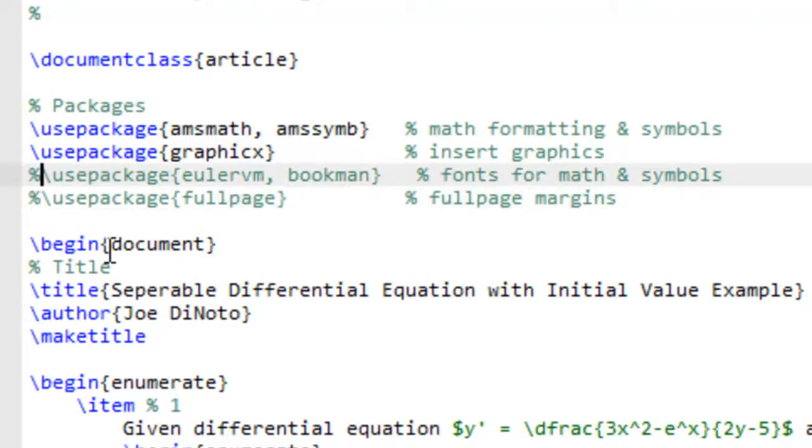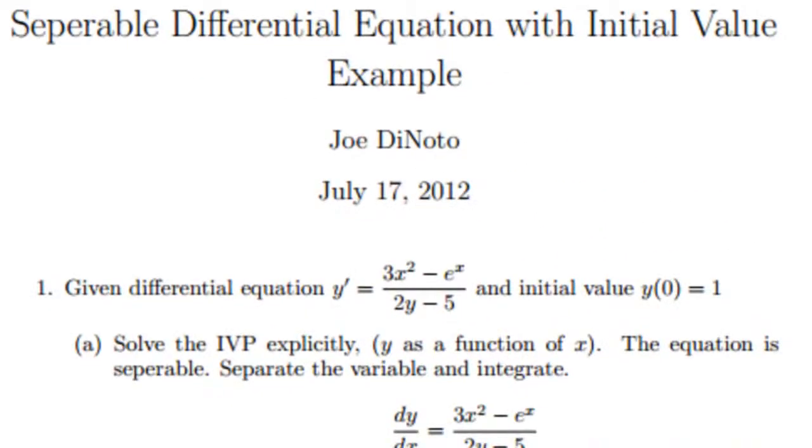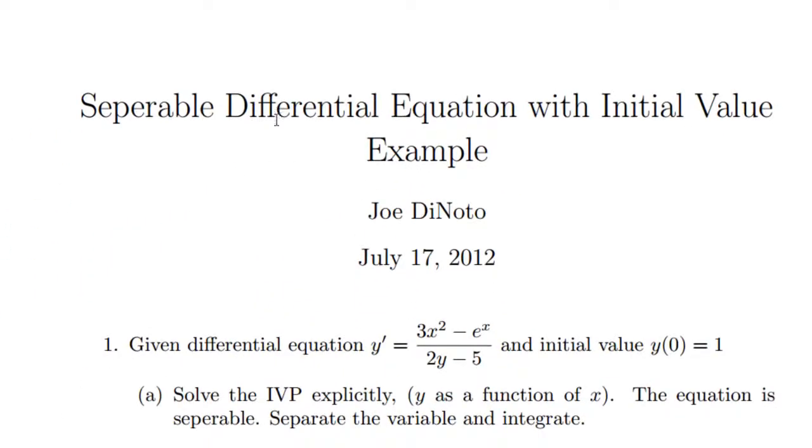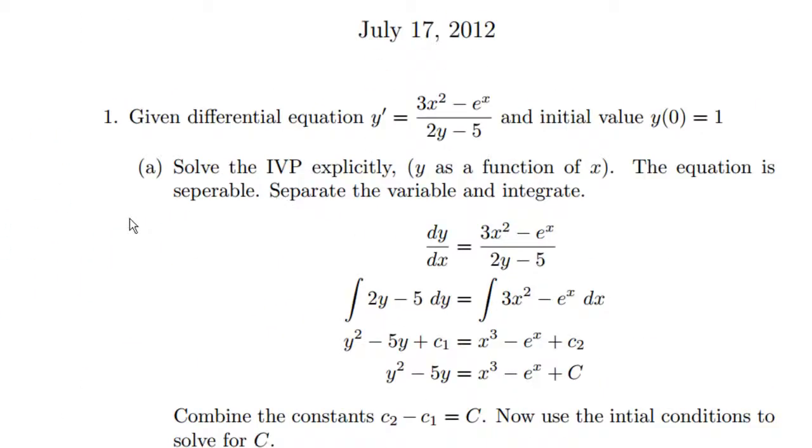Now, Euler VM and Bookman, those are two different fonts for math and symbols. So if I click PDF, this is without using Euler and Bookman. This is the default Computer Modern font. Okay, have a look at what this font looks like. It's kind of thin, it's kind of sharp, very professional looking. You probably see this in a lot of undergraduate style PDF notes that you'll see out there in college.